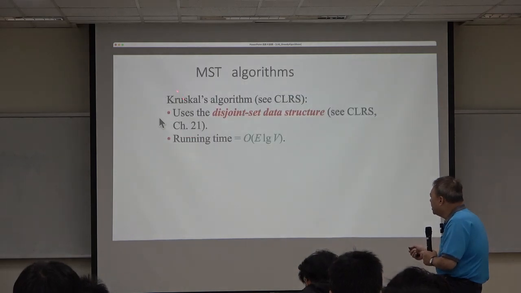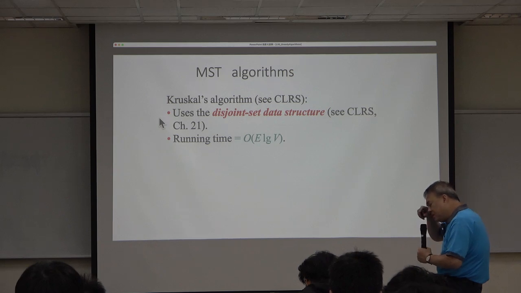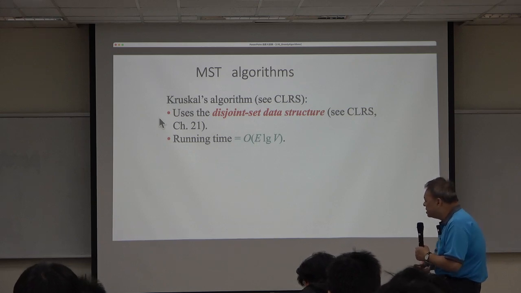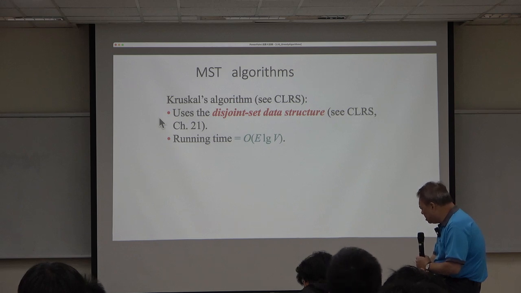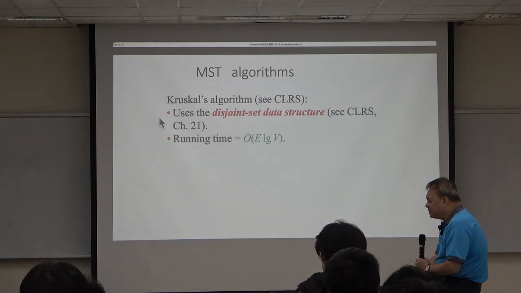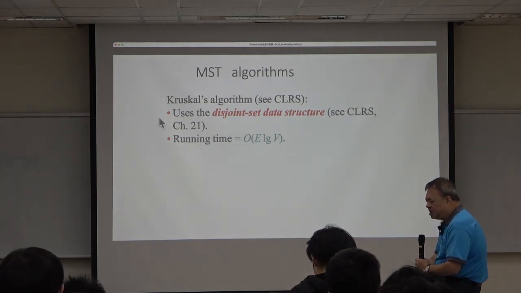Usually, if I have time, I will cover Kruskal, but including today's lecture, we only have 3 lectures. So I prefer to cover shortest path, and then the min-max flow, and then NP-hard.